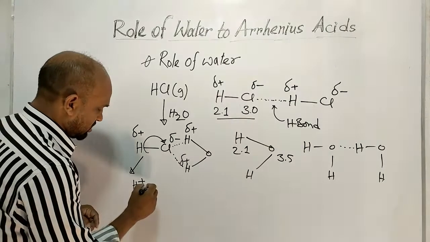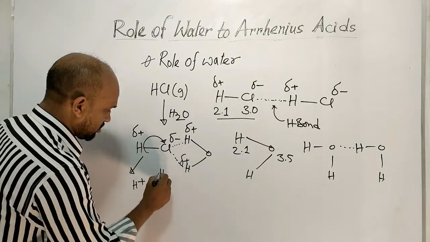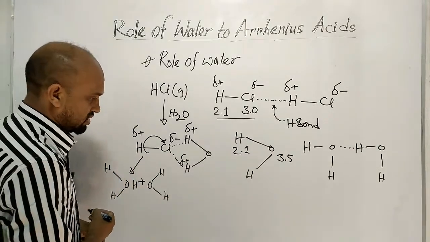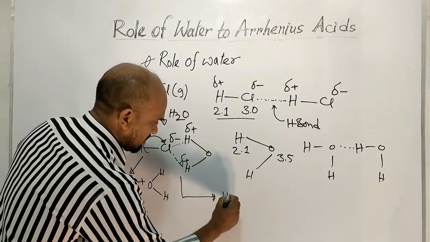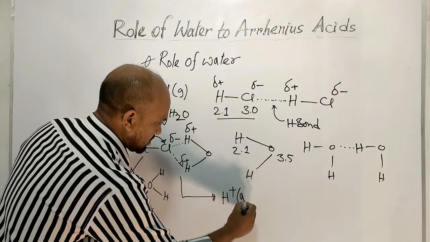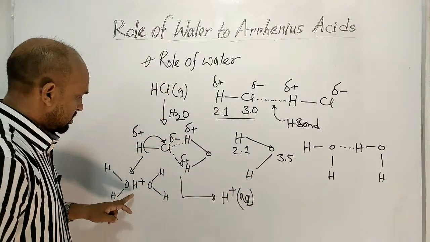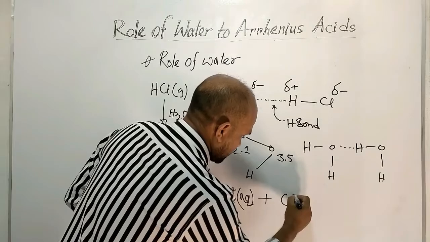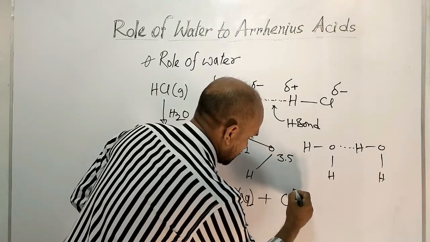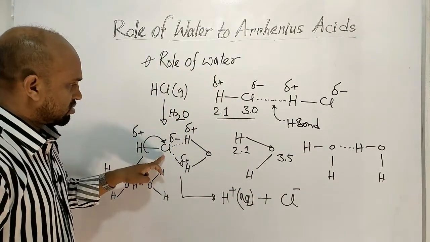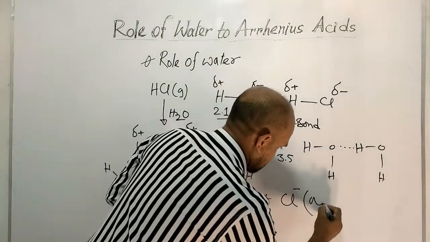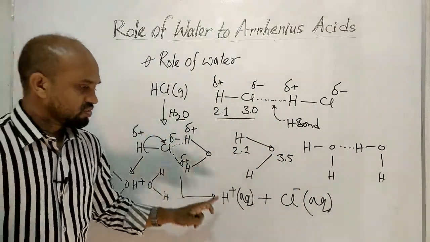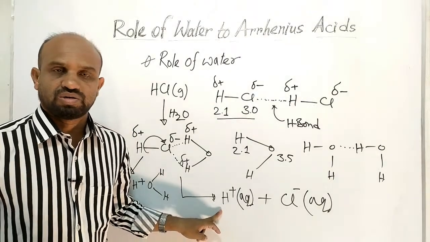This proton is attacked by the negative end of water in this way. That is why it is written H plus with aqua. That means the hydrogen ion is surrounded by water. At the same time, chloride ion is formed, which is also surrounded by water. So in this way, hydrogen chloride produces protons in water.